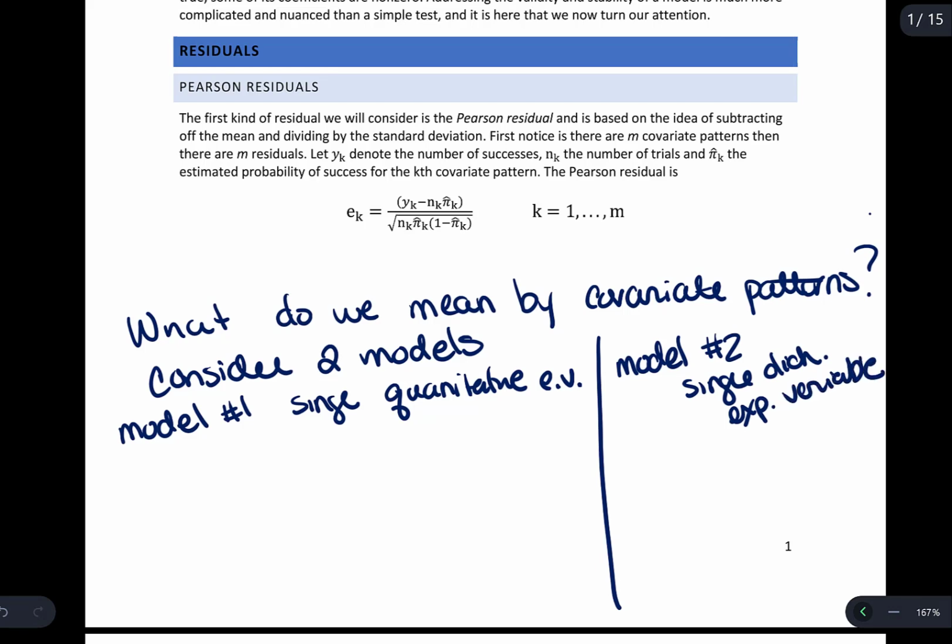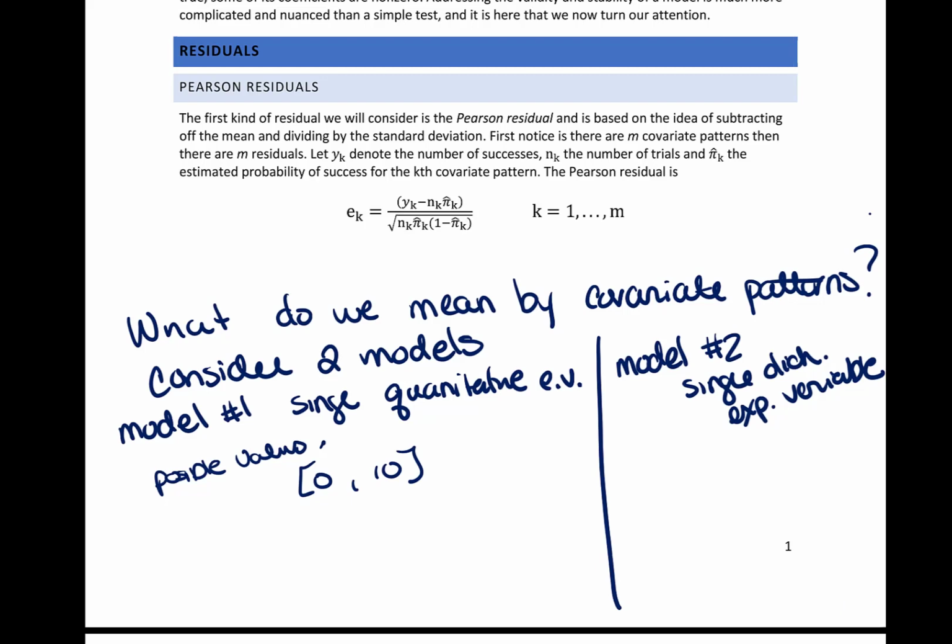When we've worked with quantitative variables as our explanatory variable, we know that the explanatory variable can take many, many values. Let's say that some of our possible values range anywhere from 0 to 10.